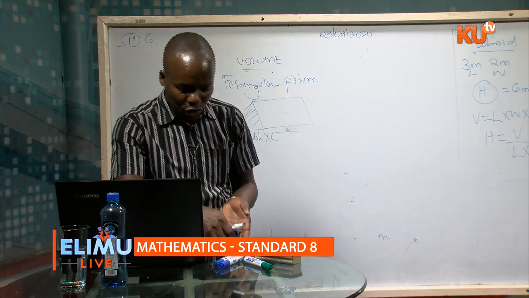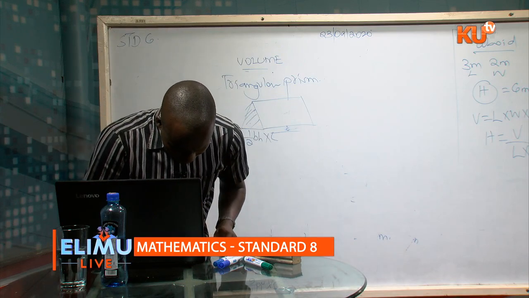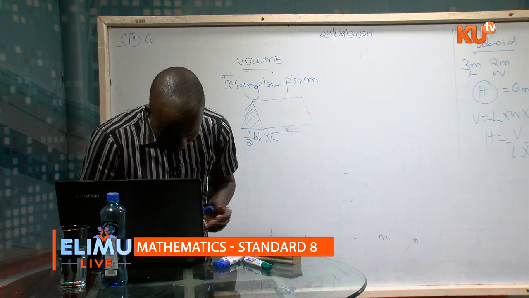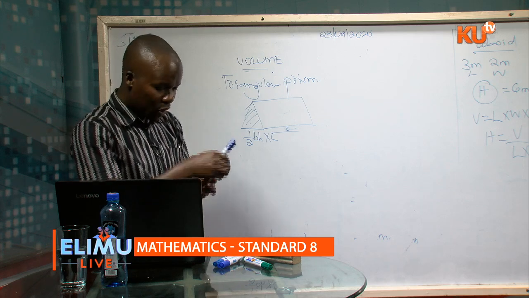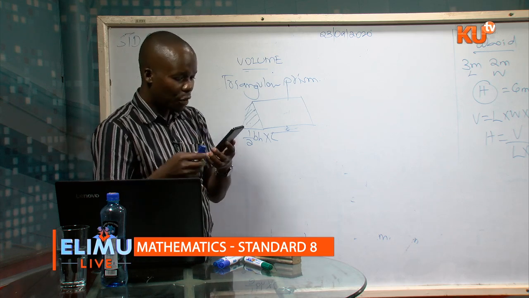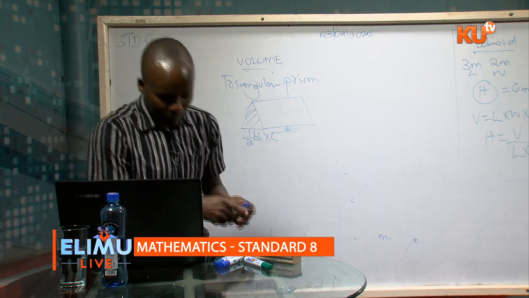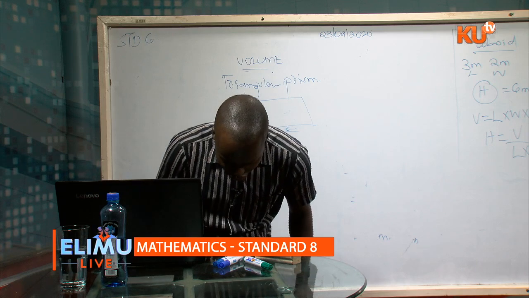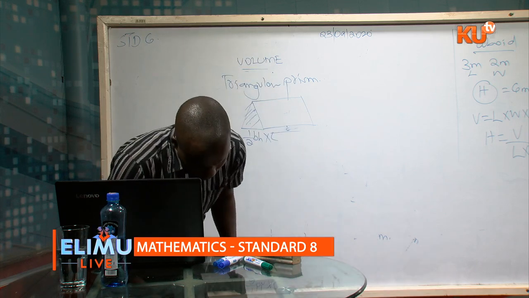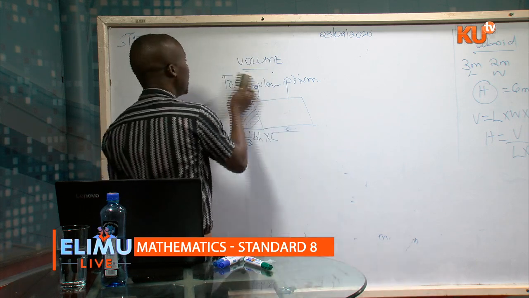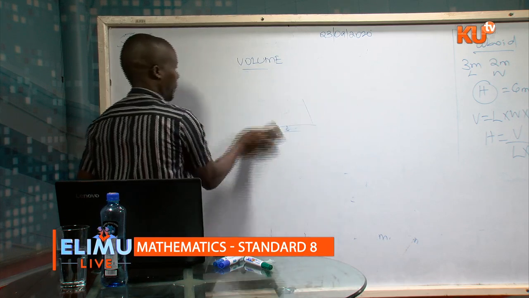Then we also have Neema Brittany from Nakuru. Nice lesson, thank you. Your question is, what is the formula for finding the volume of a bread-like shape? Thank you. She is Neema Brittany from Nakuru. So, Brittany, bread.